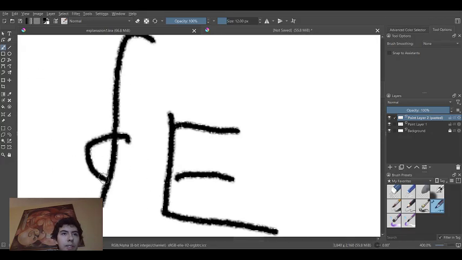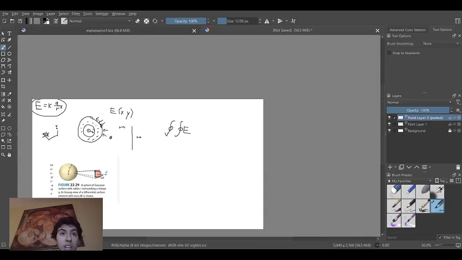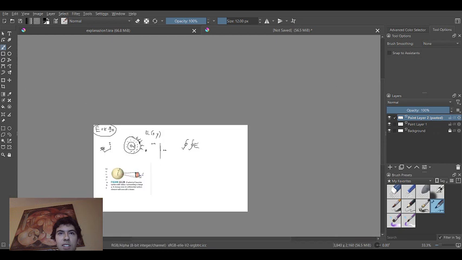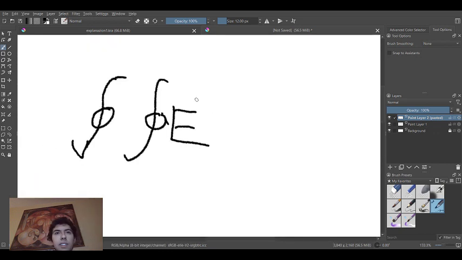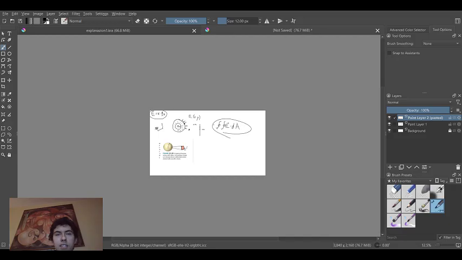Oh, right. This is looping because it's a surface that closes in on itself sometimes, not all the time. This doesn't. The electric field times dA, the small changes in A. This is essentially Gauss's law.